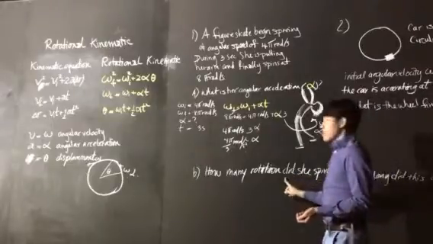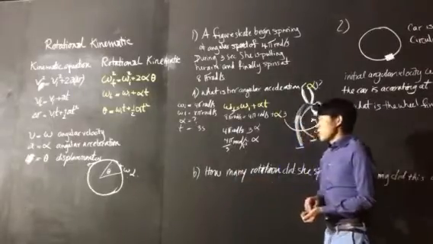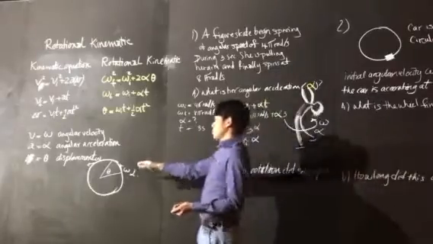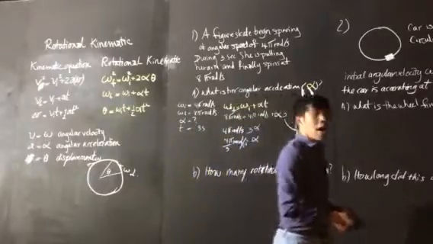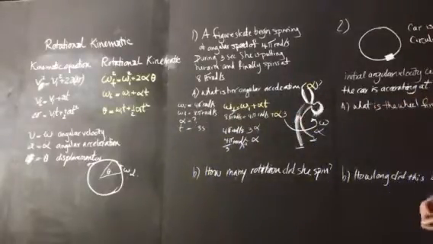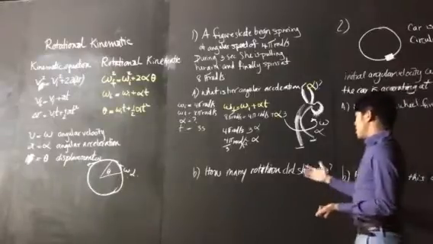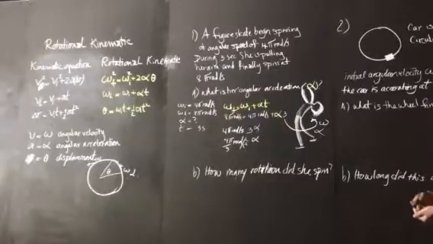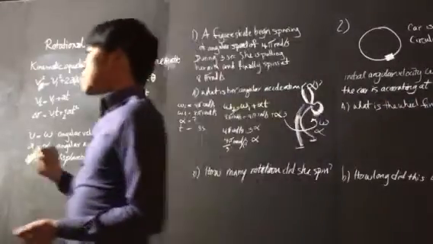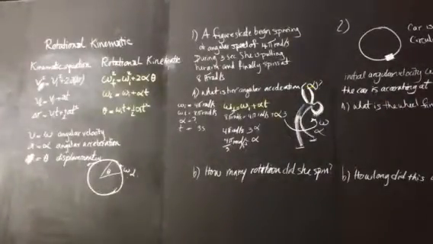Now we have to look at how many rotations she spins. We have to figure out the angle through which the object spins first, and then divide it by 2 pi in order to get how many rotations she made. I'll let you absorb this for now, and then we'll figure out which equation to use for the spinning rotation.